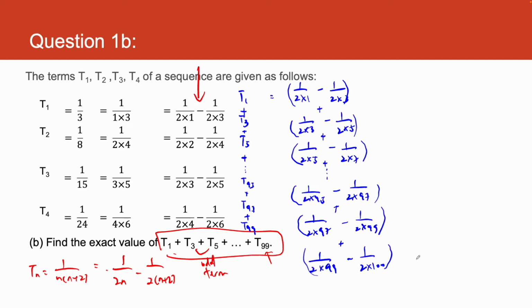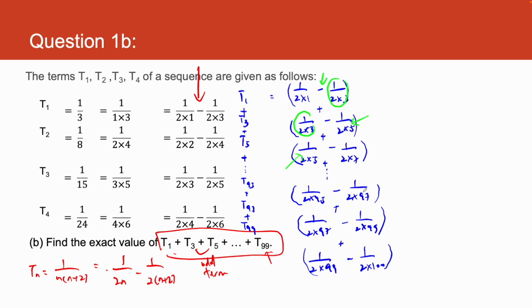You'll notice that this and this are identical, and there's a negative sign down here. That means these two will add up and cancel each other out. The next one, you see 2 times 5 here, this one and this one are the same.